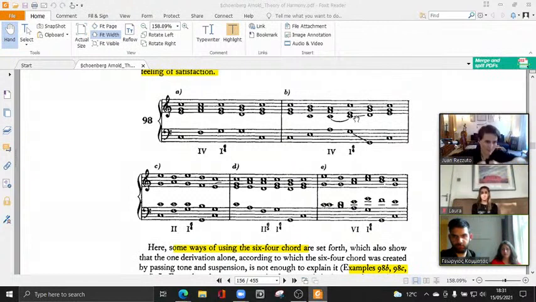Appoggiare, apoyar. It's like to stand on something, to lean over to somewhere else, which you really want to go. You lean over. It's a dissonance. It's a note that is leaning over momentarily, and then, like you said, goes to the real note.